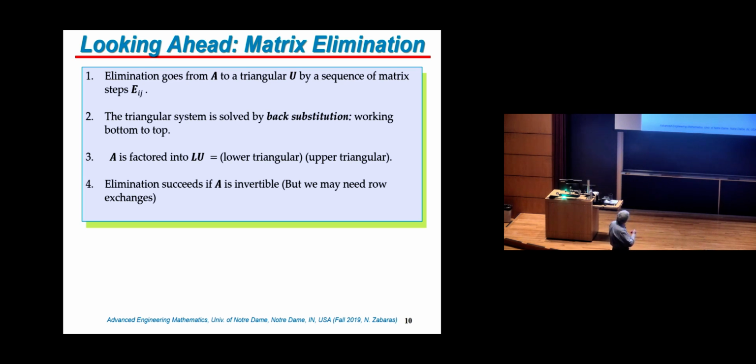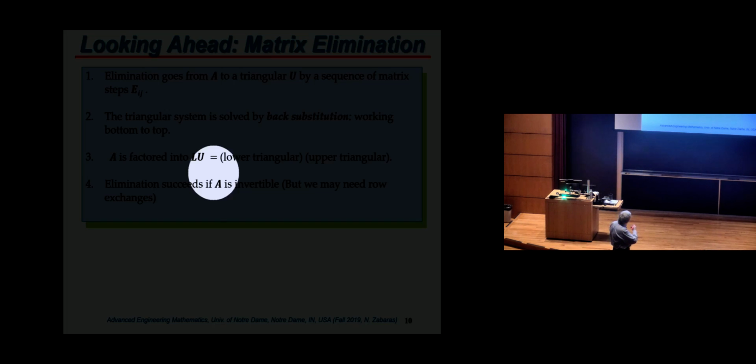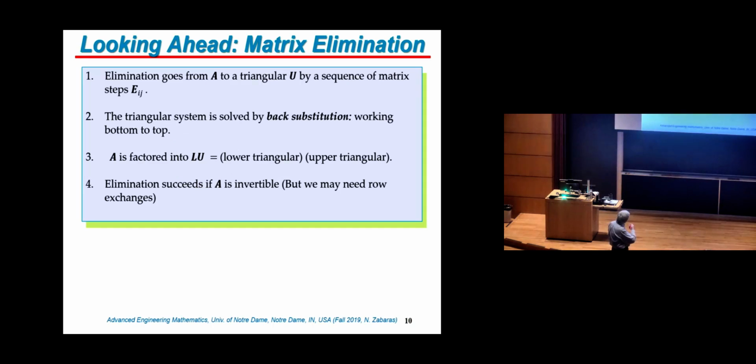And actually, at the end of the day, this decomposition A equal LU is way more significant than the elimination process, okay? Actually, most probably in practice, you will never use the elimination process directly. You would use the LU decomposition.